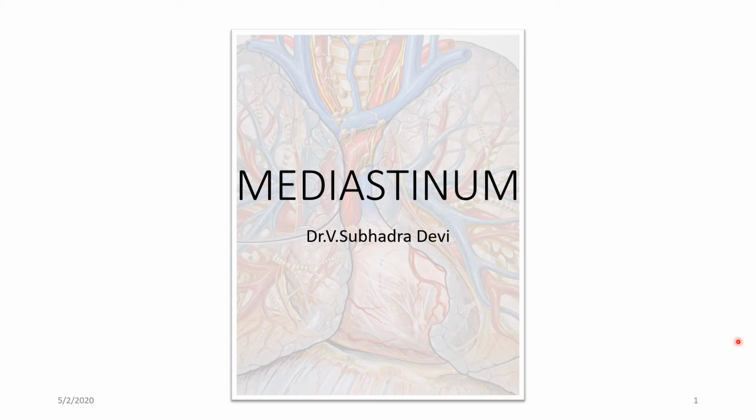Dear students, now we will learn what is mediastinum. So, before starting with that, the thoracic cavity viscera have a relationship to one another and with the chest wall, for comprehension and for understanding the function and diseases of lungs.